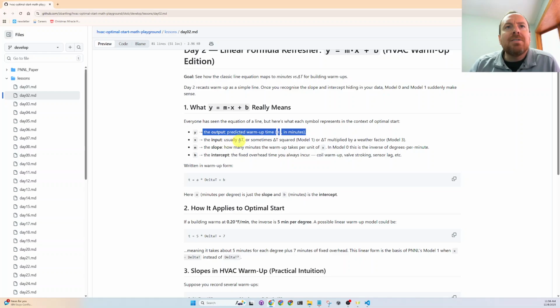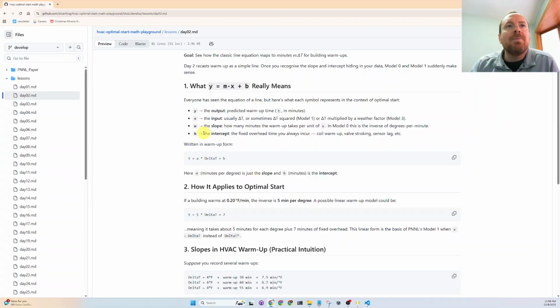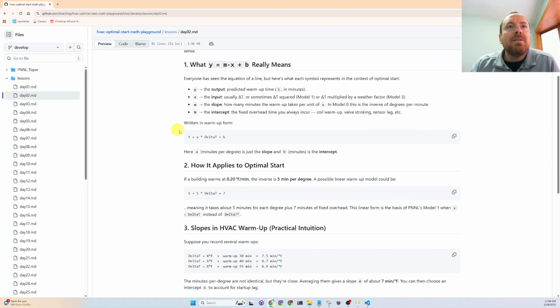X is the delta temperature, sometimes referred to as delta T in Model 1, which we'll get into later, or Model 3, that also incorporates weather. m is the slope, b is the intercept. So it's written as T equals A times delta T plus B, where A equals minutes per degree, which is just the slope, and B is the minutes, the intercept.